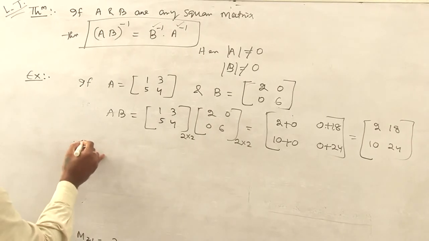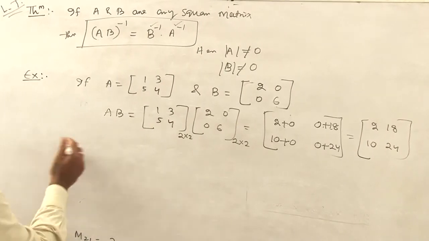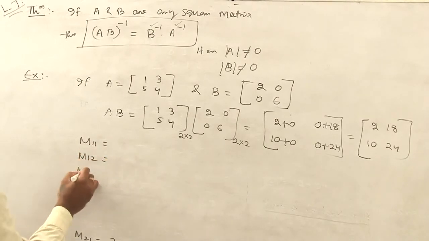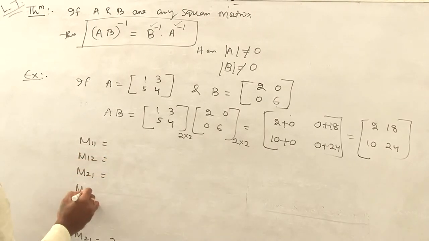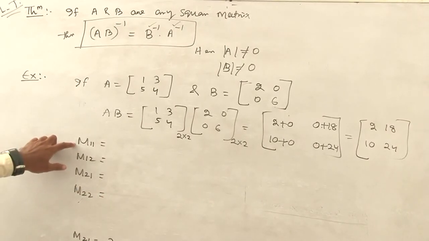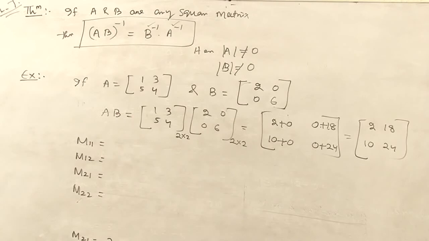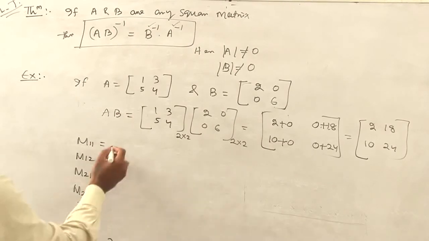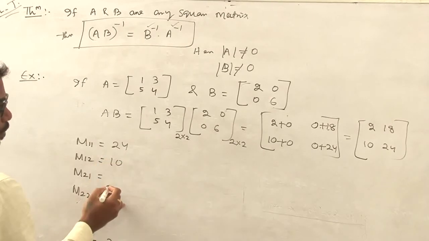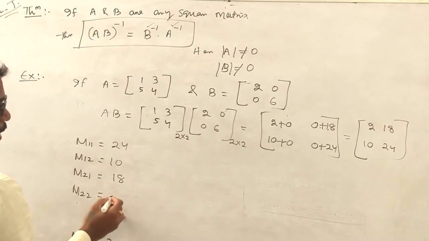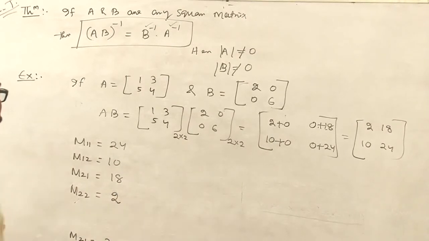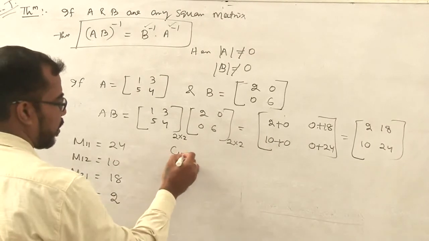Okay, so first write M11, M12, M21 and M22. So minor of M11 means you will be deleting this element, so you get 24, M12 is 10, M21 is 18 and lastly M22 is 2. So as you find the minors, then you can write cofactor here.